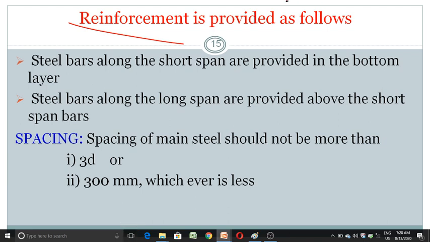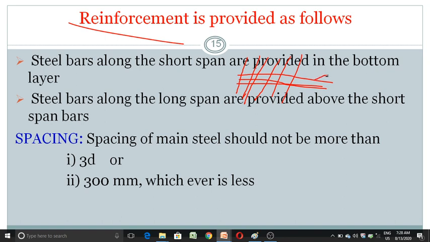The steel bars along the short span are provided in the bottom layers and steel bars along the long span are provided above the shorter span bars. So if this is your shorter span direction, the shorter span main bars are provided below like this, and over that we provide our longer span reinforcement so that it will effectively withstand the maximum bending moment which is likely to occur.